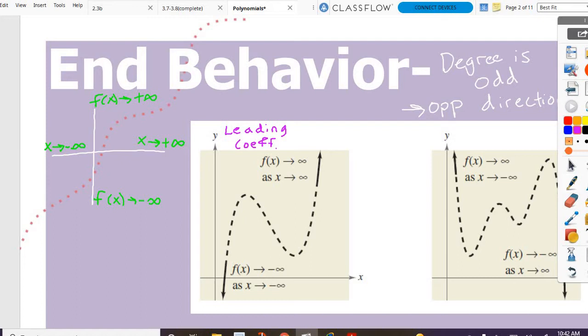Agreed? So what would make it be the opposite and go up on the left and down on the right? A negative where? The leading coefficient in front of the x. So in general, if our leading coefficient is positive, it's going to go down on the left and up on the right. If our leading coefficient is negative, it's going to do the opposite.